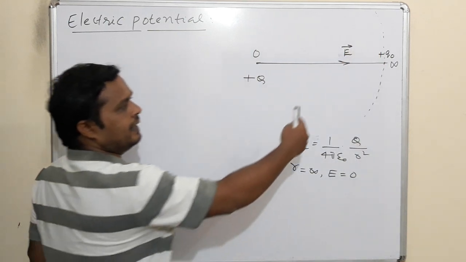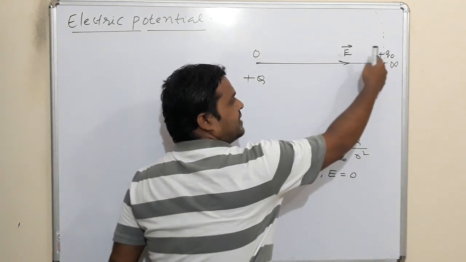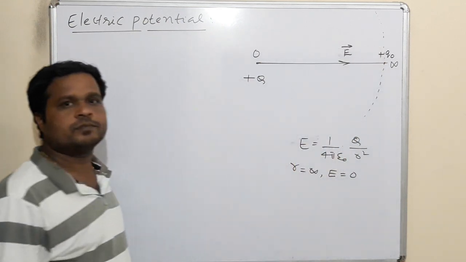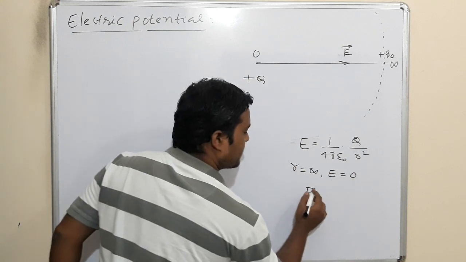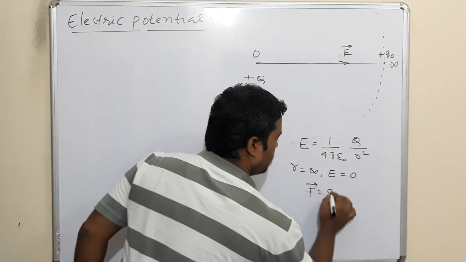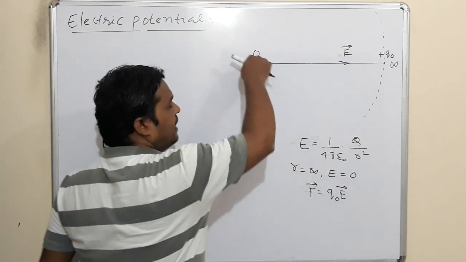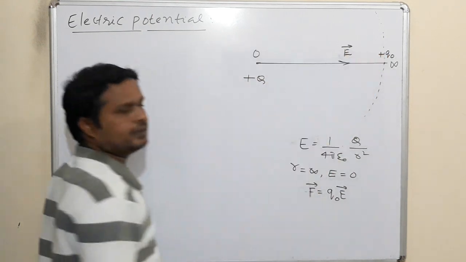If this positive test charge comes within this region, it will experience a force of repulsion. That force is F equal to Q naught into E, and it acts along the line joining the two charges, away from the charge, like this.